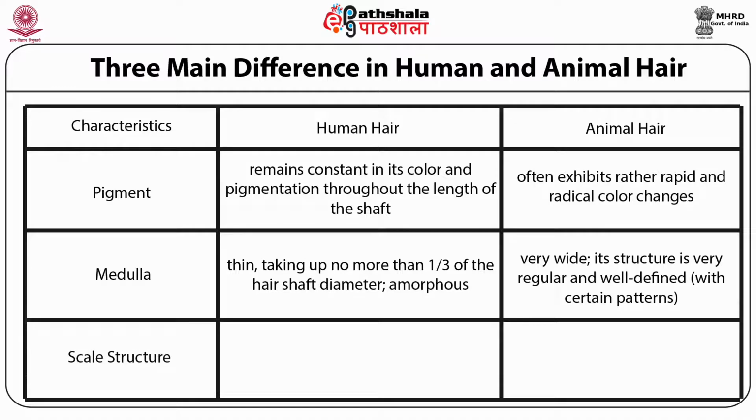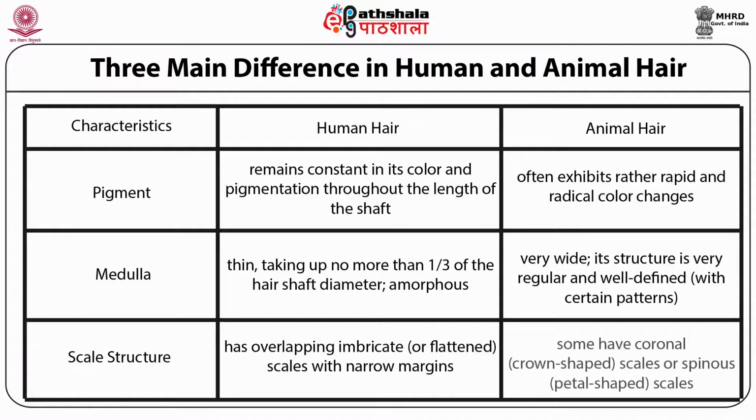Scale structure in human hair has overlapping imbricate or flattened scales with narrow margins. In animals, the scale structures have coronal or crown-shaped scales, or they may be spinous or petal-shaped scales.